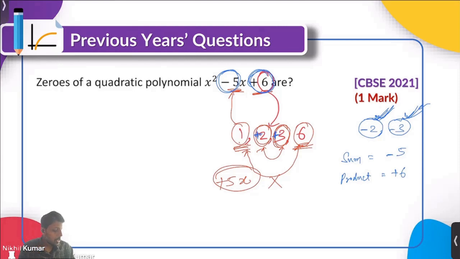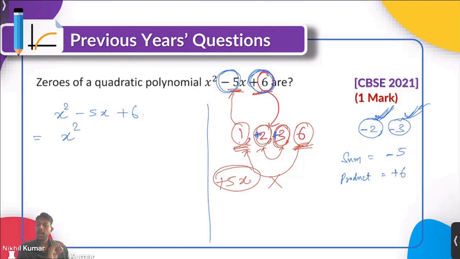Okay? So with this understanding, let's split the middle term now. x square minus 5x plus 6. This becomes x square. Now I'm going to write minus 5x as something like this. Minus 2x minus 3x. I can do that, right?